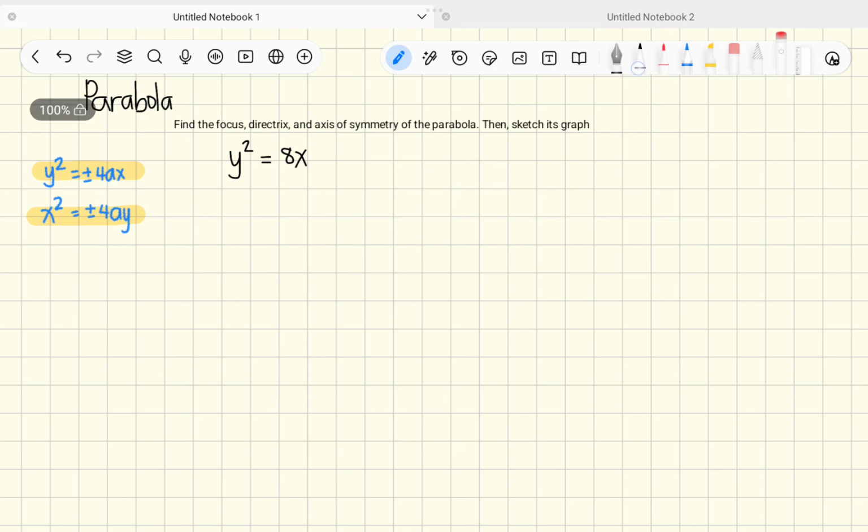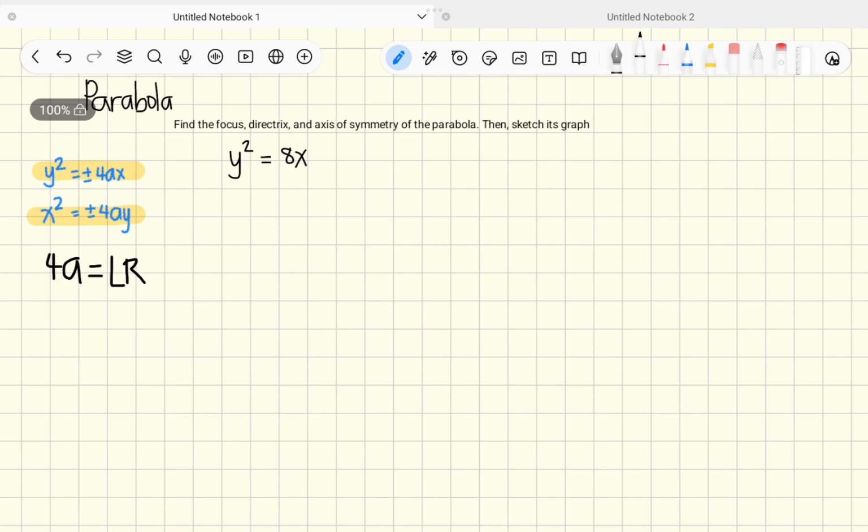And aside from that, we can see that the length of the latus rectum, 4a, is 8 for this parabola.